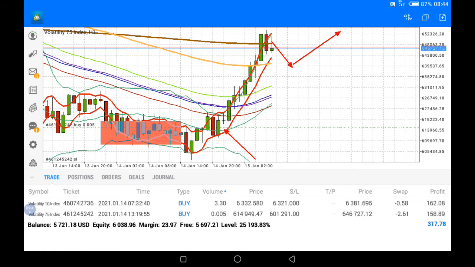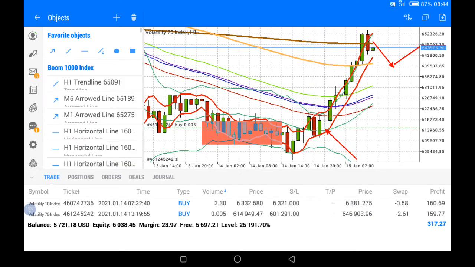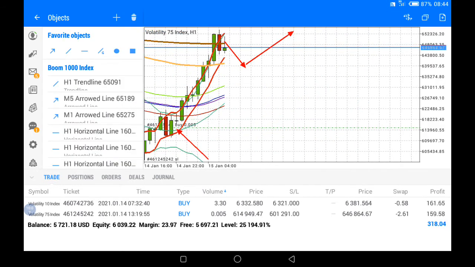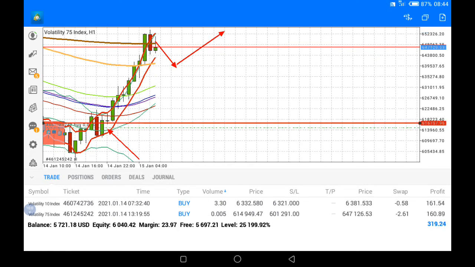I might choose to move my SL above, but I feel I should leave it at this point, until price breaks above the MA 200, because sometimes volatility 75 is quite funny.